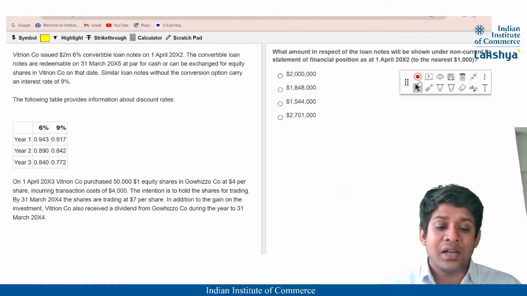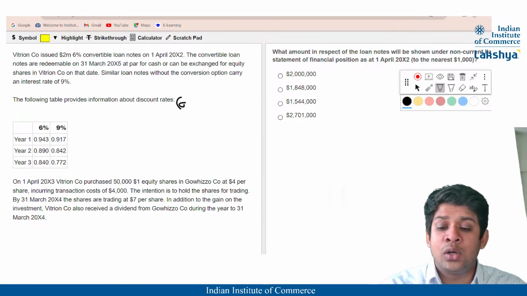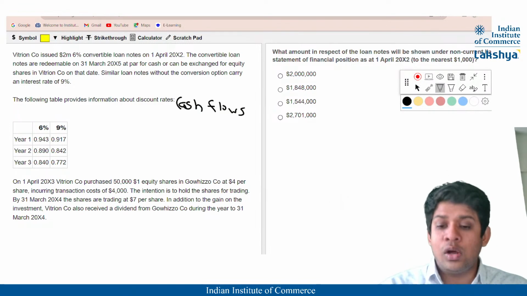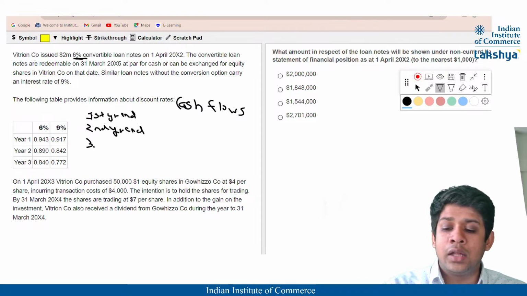Firstly, guys, for calculating the present value relating to my financial liability, I will take into consideration the cash flows. Right? So every year I am going to pay 6% interest. Right? So it is a 3-year period, correct? First year end, second year end, and third year end.